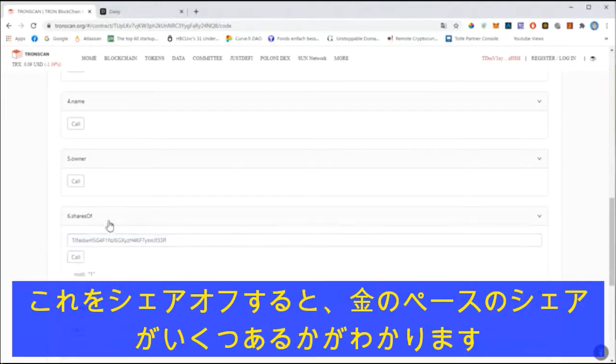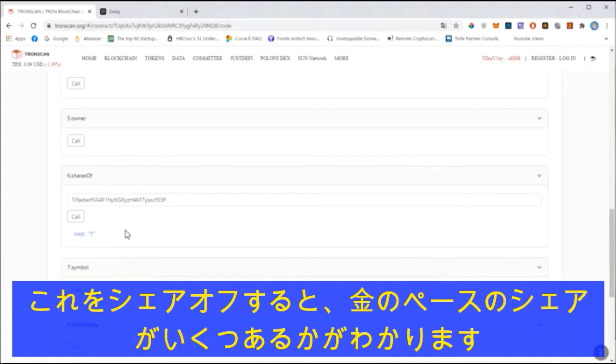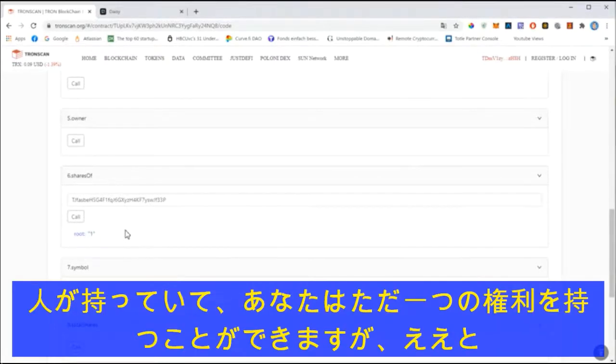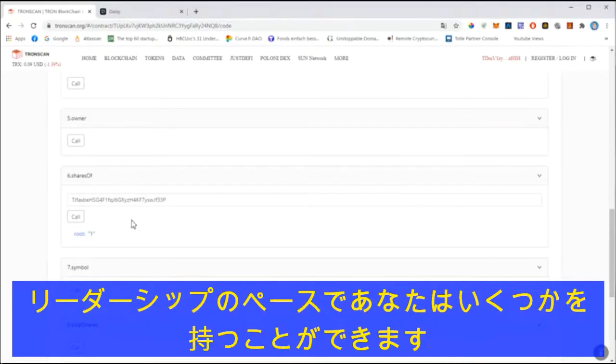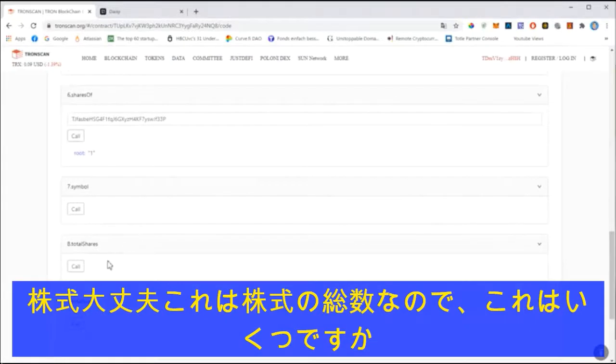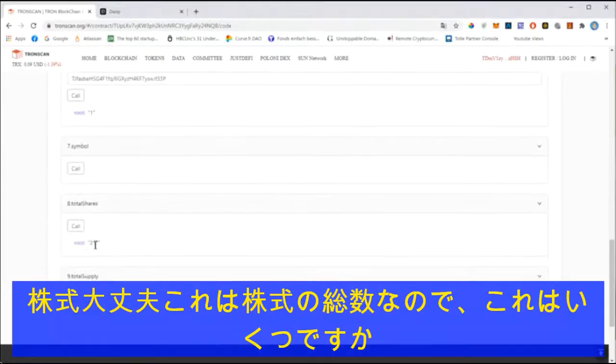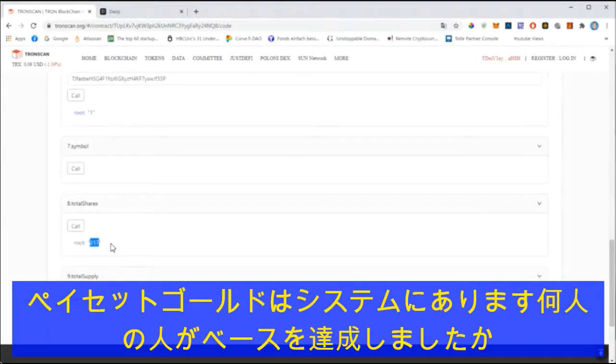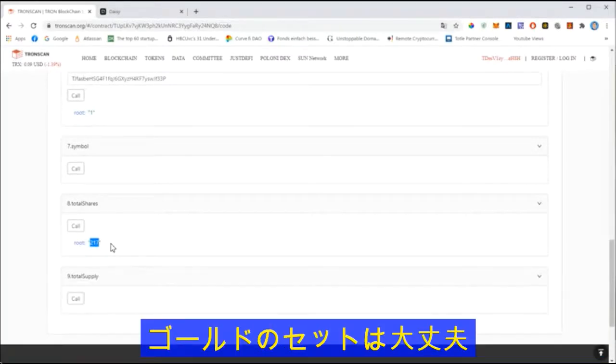This shows you how many shares of paysetter gold that person has, and you can only have one, right? But with the paysetter leadership, you can have several shares. Okay, this is the total number of shares. So this is how many paysetter gold are in the system. Okay, how many people have achieved paysetter gold?